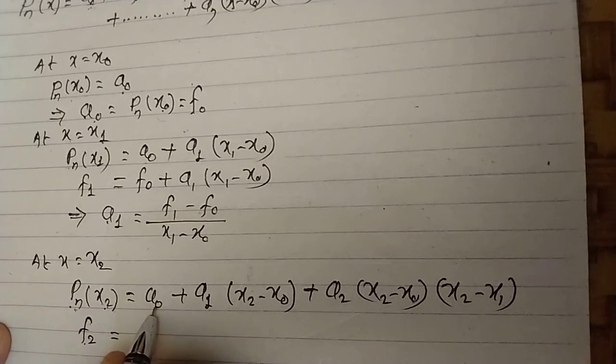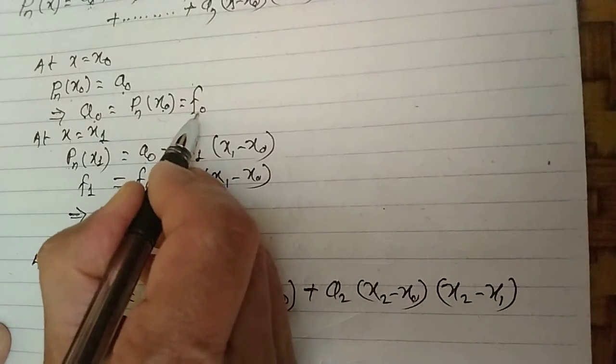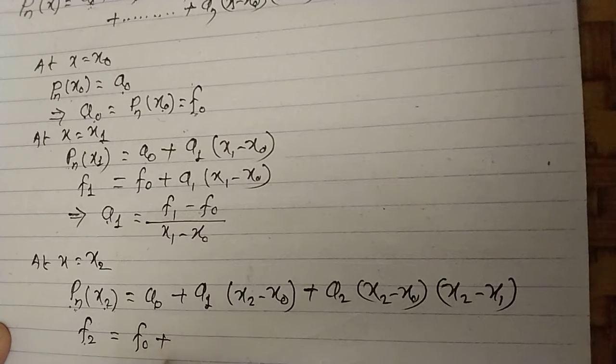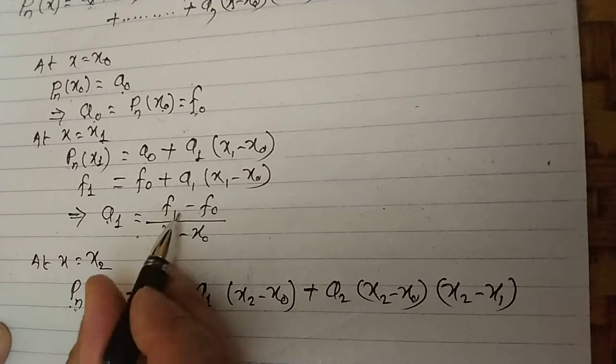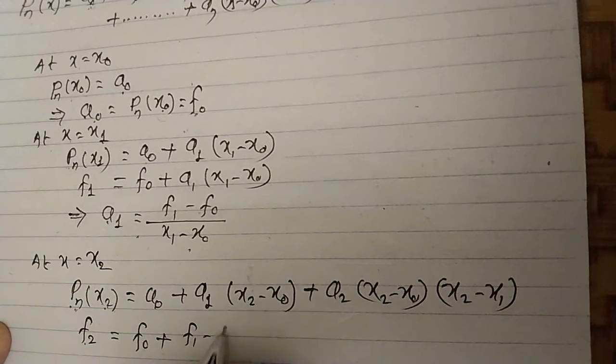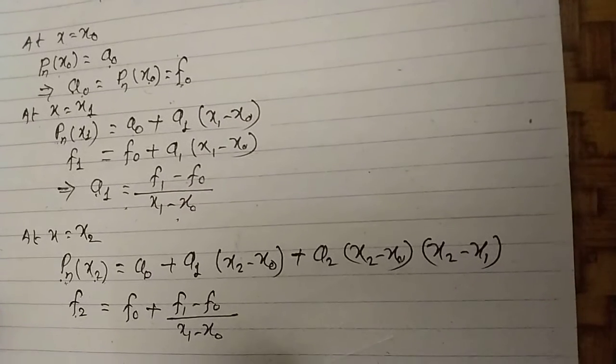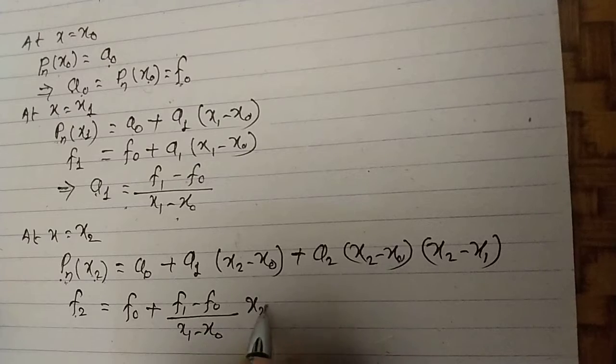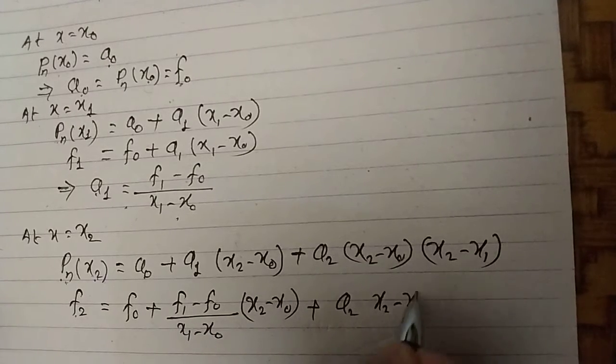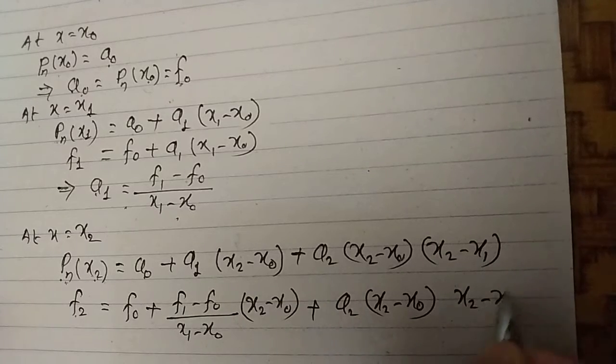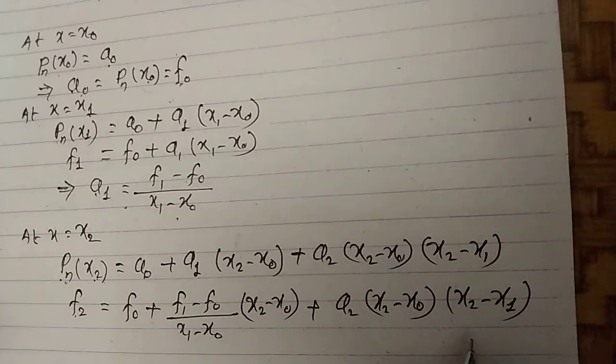We get it from the table. a0 we have already calculated as f0, plus a1, also already calculated in terms of function and points: (f1 minus f0) divided by (x1 minus x0). Let us write it as it is. Plus a2(x2 minus x0)(x2 minus x1). Now you solve this whole equation in terms of a2.